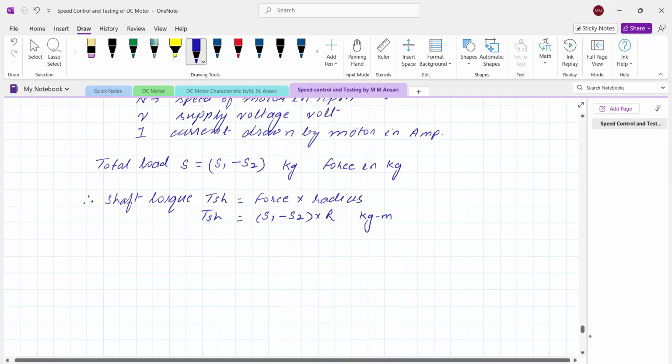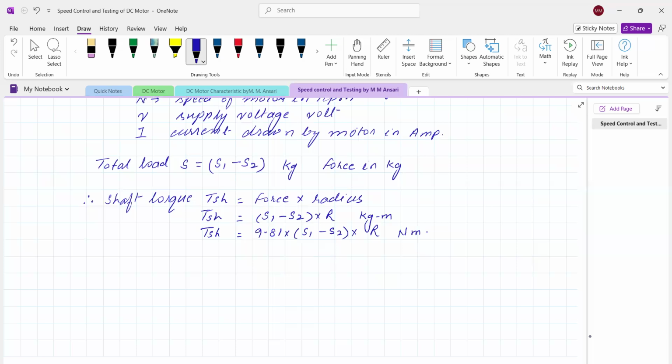But for our calculation, we need the shaft torque in Newton meter. So TSH is equal to 9.81 multiplied by S1 minus S2, or S2 minus S1, into the radius. So it is in Newton meter, by multiplying by the gravitational constant 9.81.